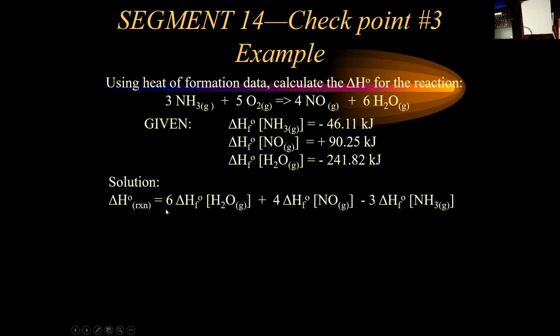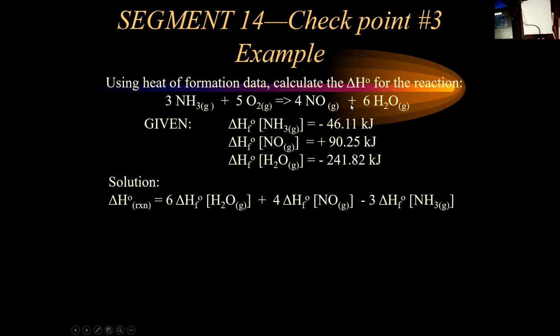And here's the heat of reaction of the ammonia oxidation, but now we're going to a different product. Instead of NO2, we're going to NO and water. So it's the heat of formation of products.